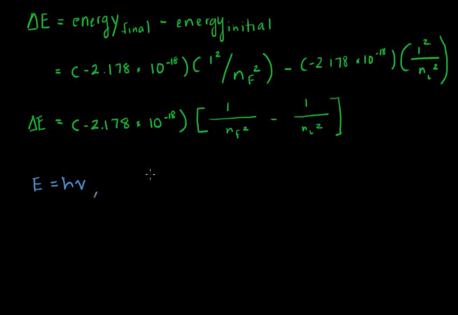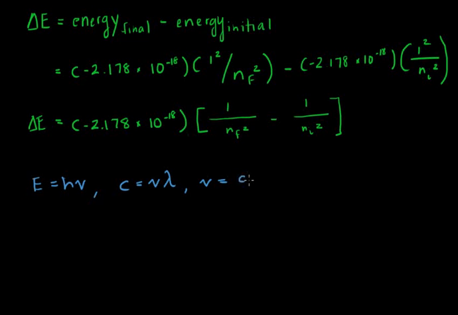And we can do that because we know c, the speed of light, is just equal to the frequency times the wavelength. This always confuses me. I always get irritated that this nu here looks like a v, but it stands for frequency. And so let's solve for frequency.